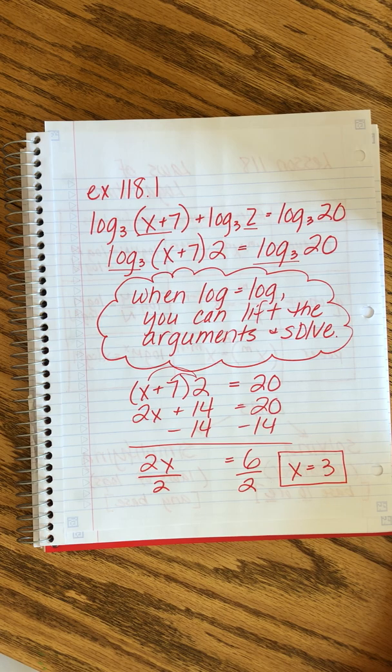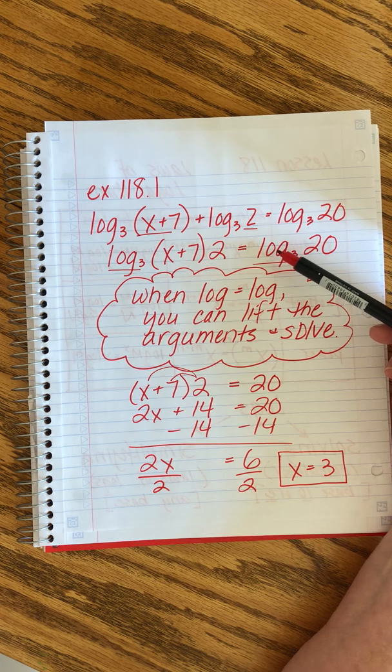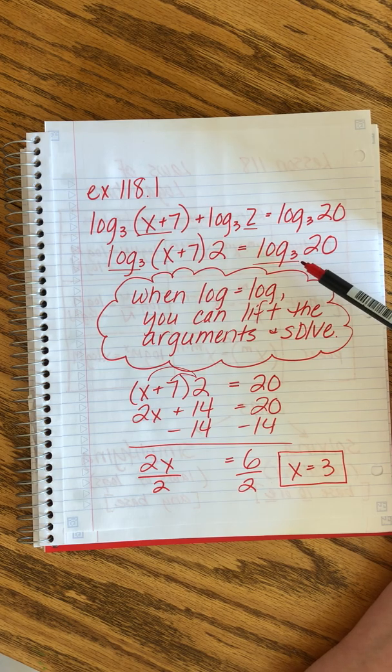Now, just to clarify and be like math nerd specific, technically we are solving this problem, but we're not solving the log expressions themselves. We're just solving for an unknown. We're solving for x. That's why we don't need calculators, and we didn't push any buttons in the calculator that had to do with natural log or base 10 or anything like that.